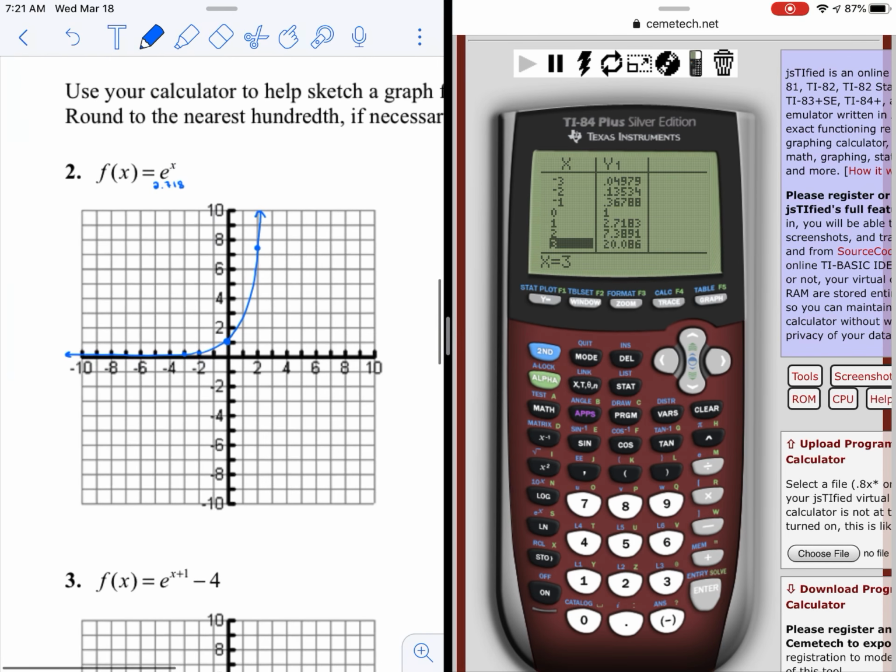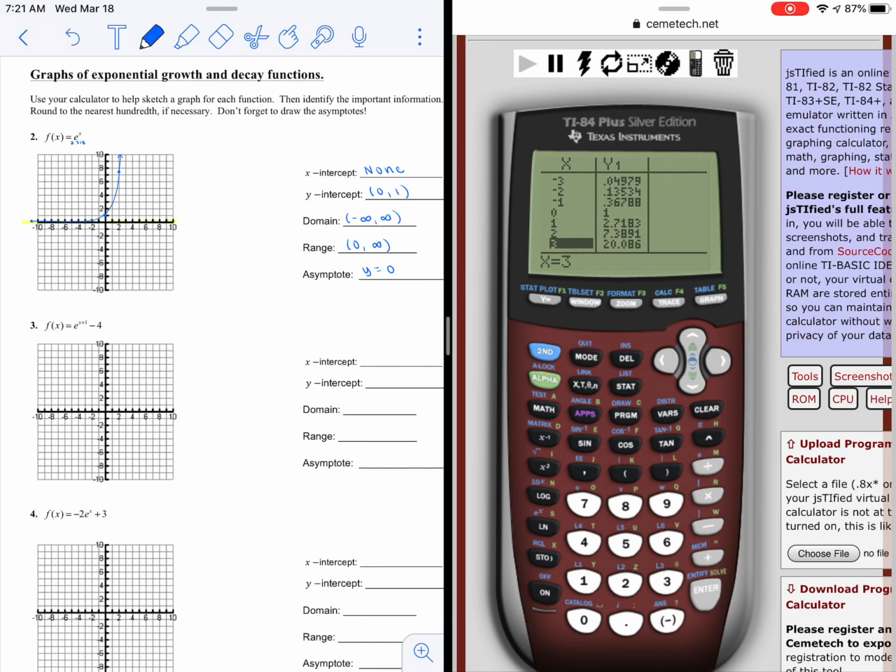Because we have this asymptote right here, you can see the graph flattens out at that value on the left-hand side. We are either going to be entirely above that asymptote or entirely below. So because in this situation we're entirely above, we're going to say that our range is from 0 to infinity, and then that asymptote is at y equals 0.